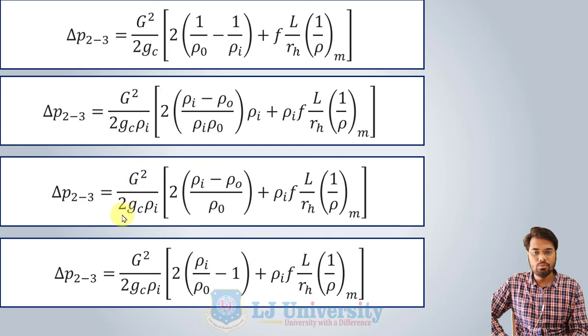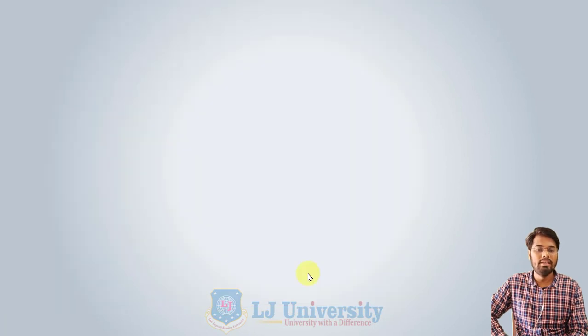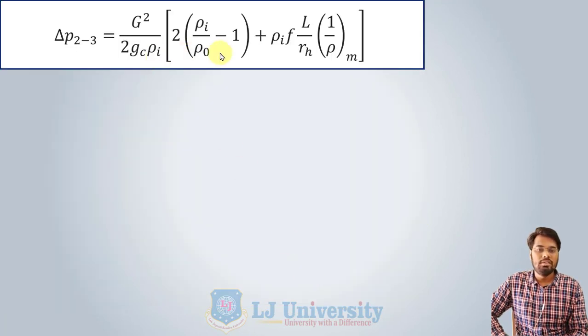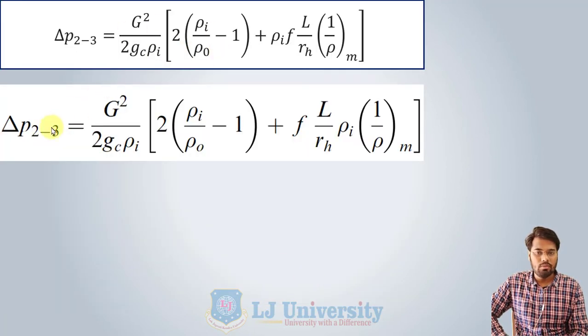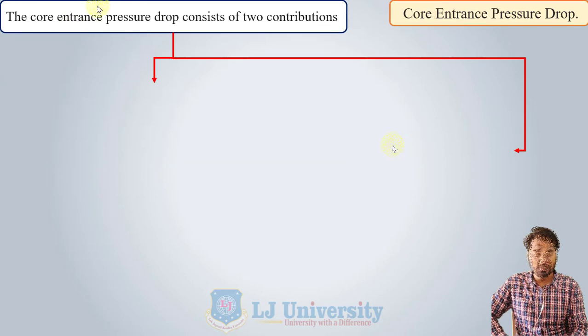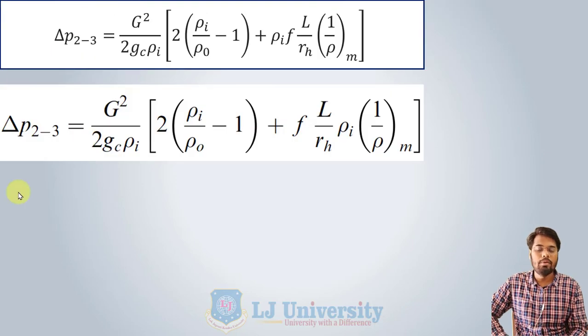Now G square upon 2 gc rho I as it is. Simplifying further, rho I upon rho minus 1, and the remaining term as it is. So this is our simplified form, which is delta P2 to 3 equals G square upon 2 gc rho I, times the bracket 2 times rho I upon rho minus 1 plus f L by RH rho I 1 upon rho. This is the equation for the pressure drop at the core.